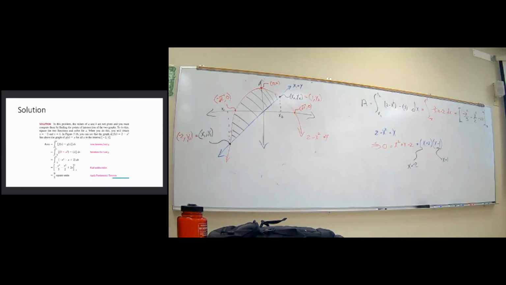But looking at the solution altogether, look at what they've done. They start by saying, all right, obviously f of x is going to be 2 minus x squared because that's the bigger function all the way through. So obviously then g of x is going to be x. All right. Well, what about your bounds? We've got to solve the case where our two functions are equal.